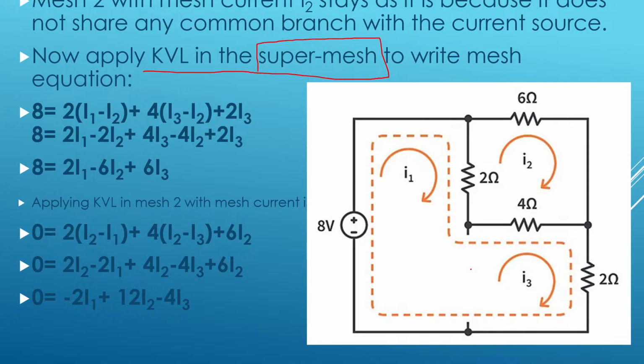How many sources are there in this mesh? Only one source is there, 8. So 8 is equal to, moving clockwise from 8, there is a 2 ohm resistor, 2 into, in between I1 and I2. I1, I2, how are they? I2 is going up, I1 is going down.